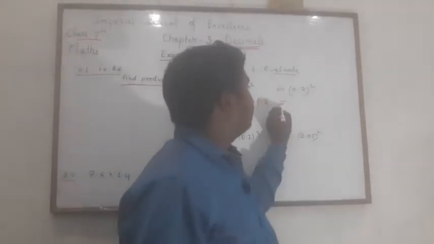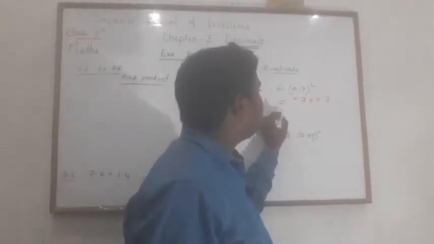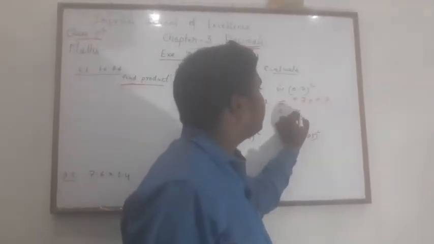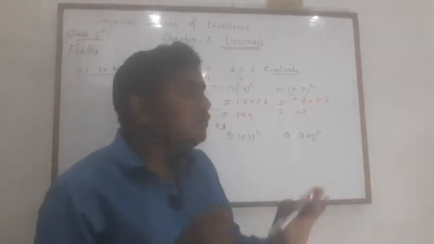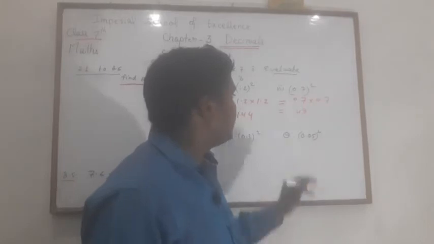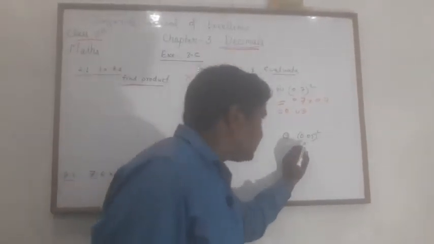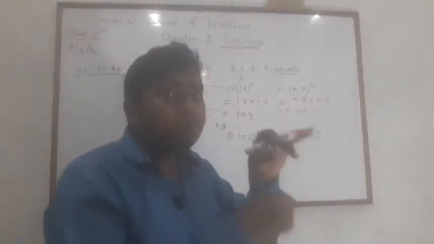And see this is 0.7 into 0.7, and it will be 7 7s are 49, and now the decimal will be at 2 points, because 1 point from here and 1 point from here, so it will be 0.49. Similarly, see this question, 0.05 whole square.